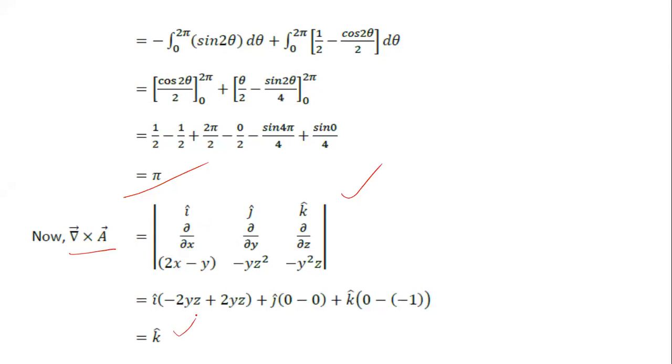So this should not be a problem. The i cap coefficient will be the differentiation of y square z with respect to y, that is 2yz, minus the differentiation of this quantity with respect to z, that will be minus 2yz. So minus and minus cancels out, plus. Like that, if you do that, this is what you're going to get, curl of A.